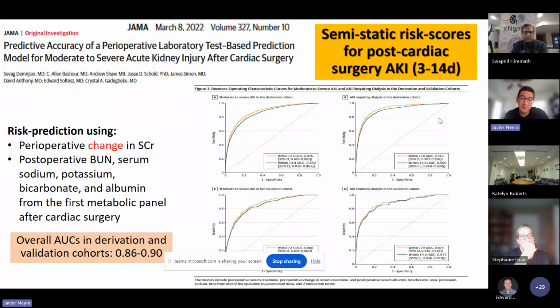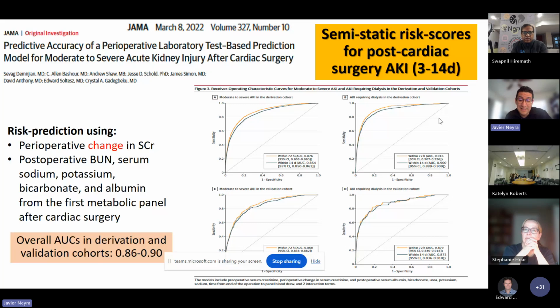Now, the field moved a little bit from a completely static preoperative score that you can evaluate in a preoperative visit to using more dynamic data, right? This is from Cleveland Clinic also, where the initial score was developed. But here, in addition to certain characteristics of the patient, they evaluated the change in creatinine perioperatively. So they started to use semi-static scores with different metrics of creatinine response to the stress of the cardiac surgery, in addition to other biochemical parameters that you can see there, like BUN, potassium, sodium, and bicarbonate.